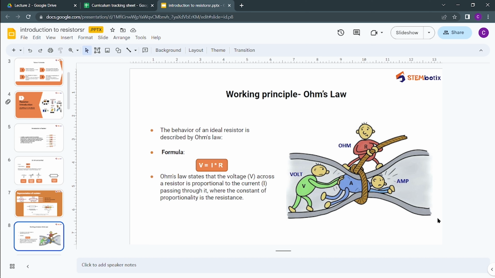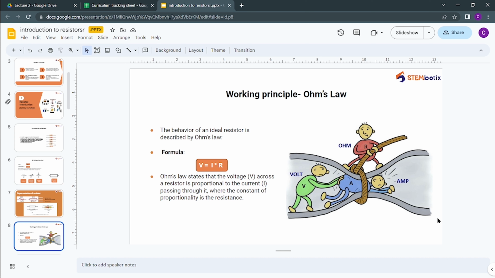For example, if a 300 ohm resistor is attached across the terminals of a 12 volt battery, meaning there is a voltage of 12 volts and the resistance is 300 ohms, then the current flowing through that resistor will be I equals V by R. The voltage across the resistor is 12 and its resistance is 300.